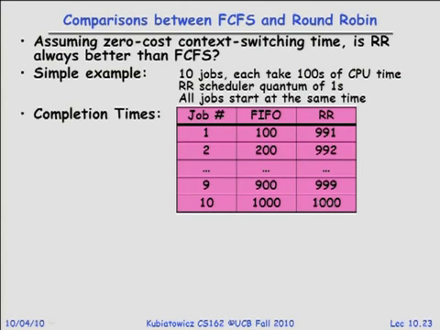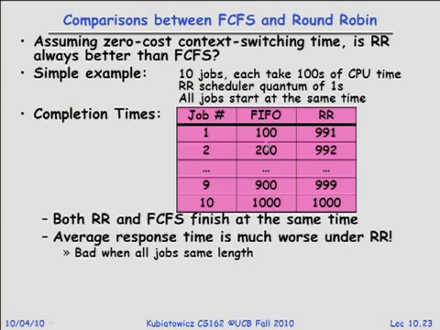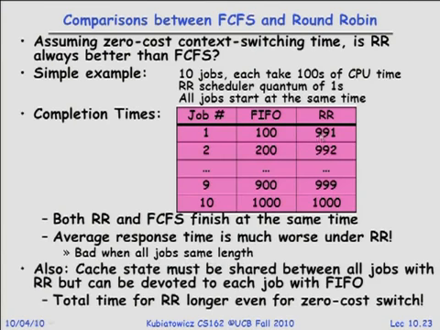Average response time is much worse under round robin, right? Because the average response time here is not too bad. Here, it's awful. It's basically like 995 or something. Here it's more like 500. And cache state has to be shared between all of these threads, so at a hardware level, round robin is much less efficient because I'm switching out the cache all the time.